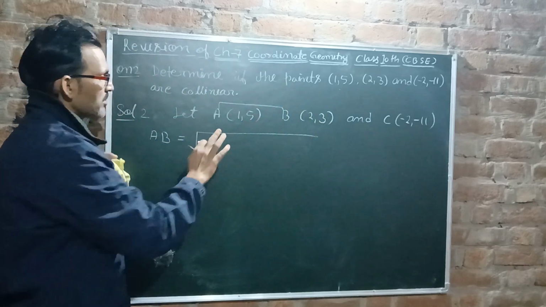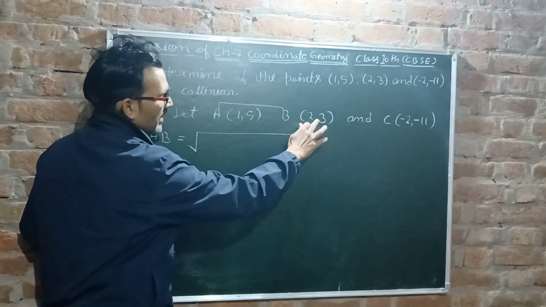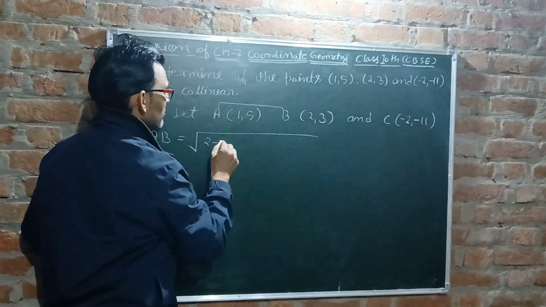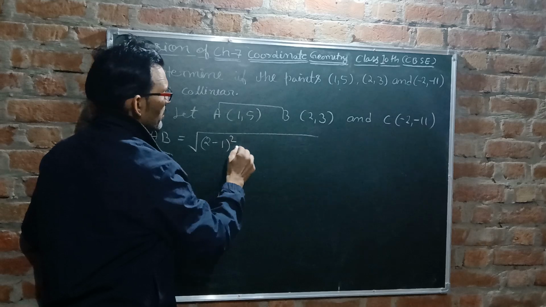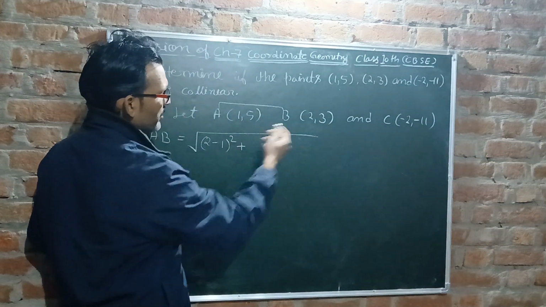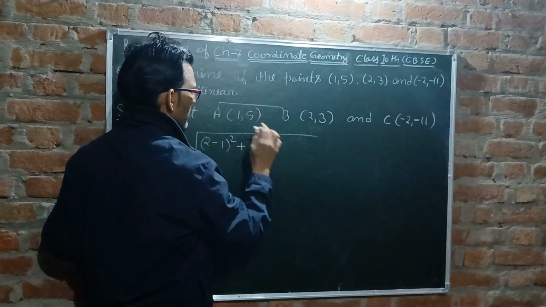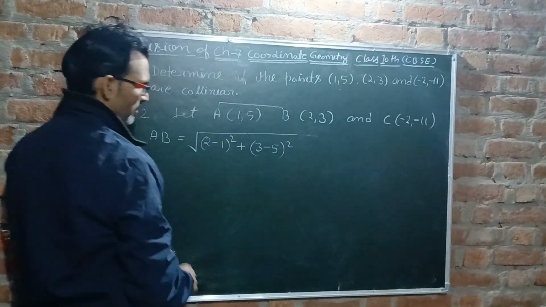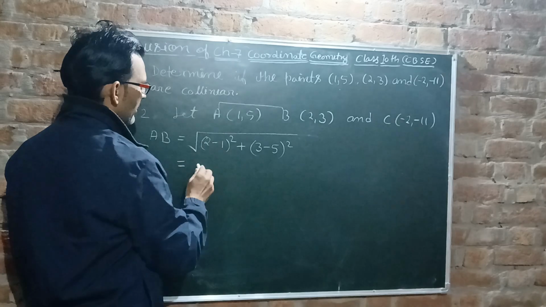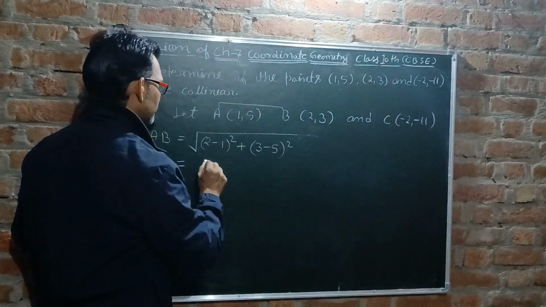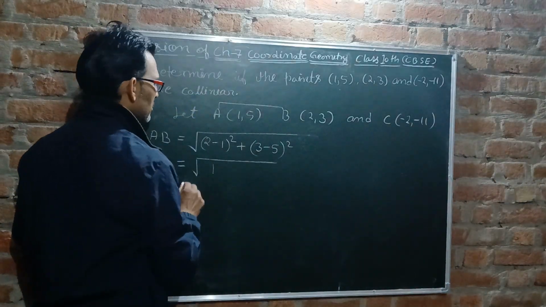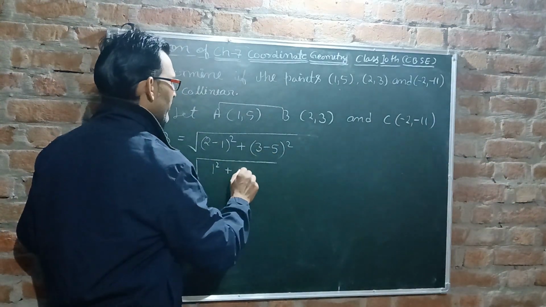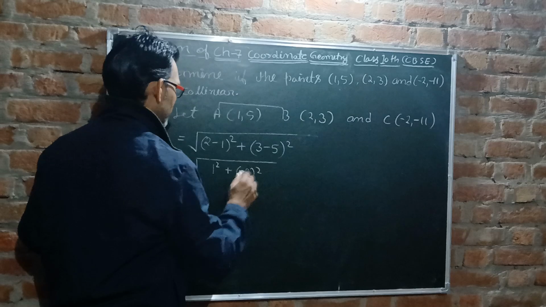So apply the formula: x2 minus x1, that is 2 minus 1, whole square, plus y2 minus y1, that is 3 minus 5, whole square. So we get under root 1 square plus minus 2 whole square.